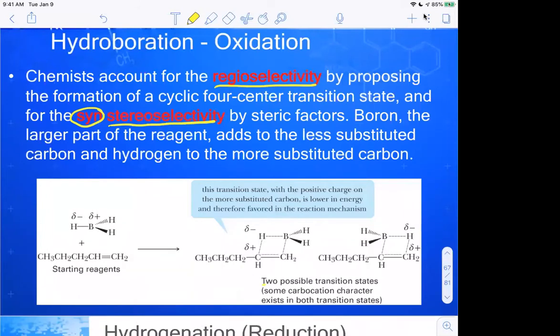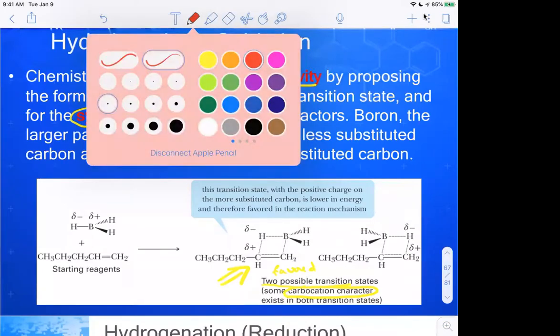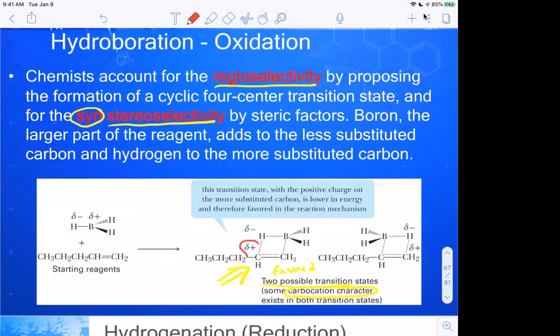There are two possible transition states. I have some carbocation character, but this one is going to be lower in energy. So this is favored. And notice that if I look at where my partial positive charge is, this is on the more stable position.